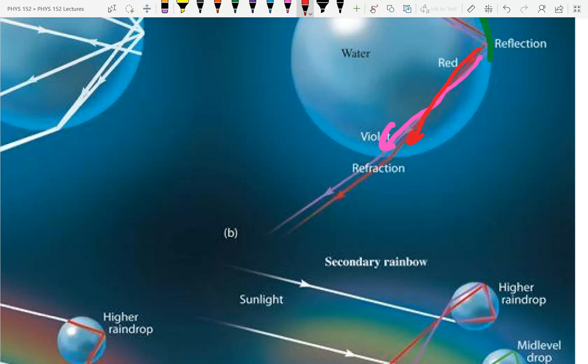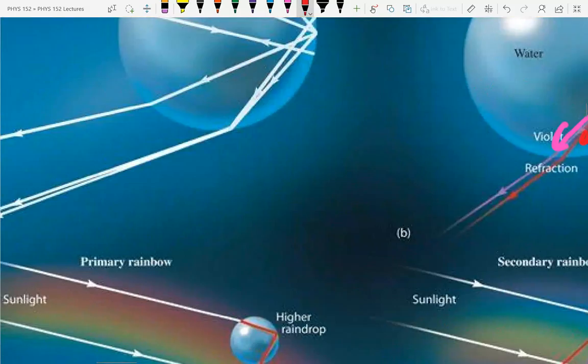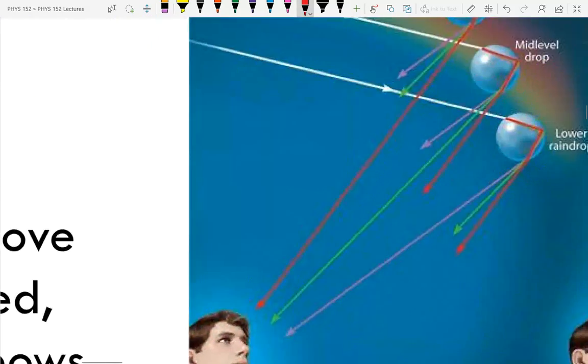And so when I look in the sky, if I look at the right angle, I'll see red, and at a different angle, I'll see violet. And in between, I'll see the colors in between. So the rainbow is based on the angle between the incoming sunlight, the water droplet, and me viewing it. And we can use our physics calculations with those indices of refraction to get the actual angles.